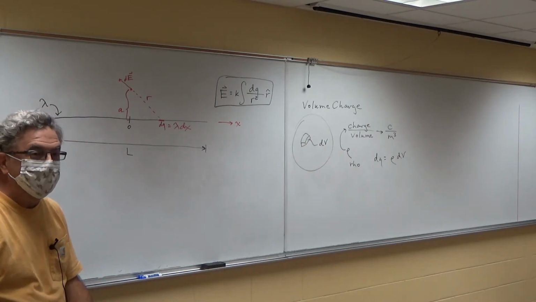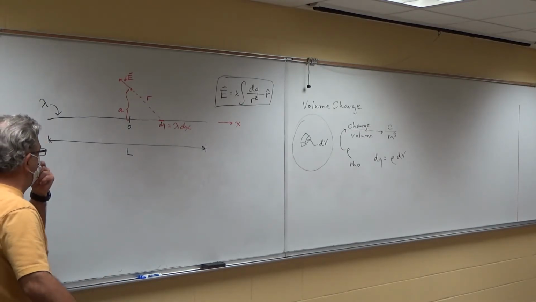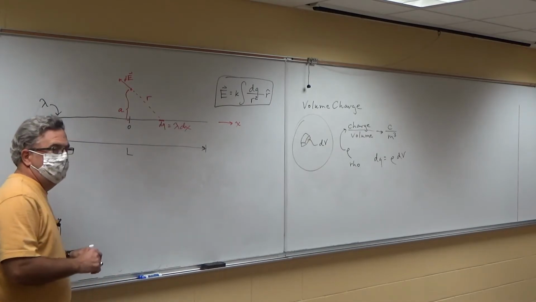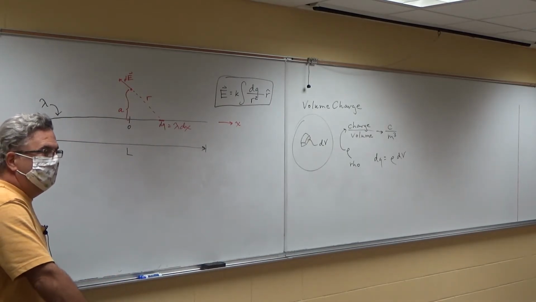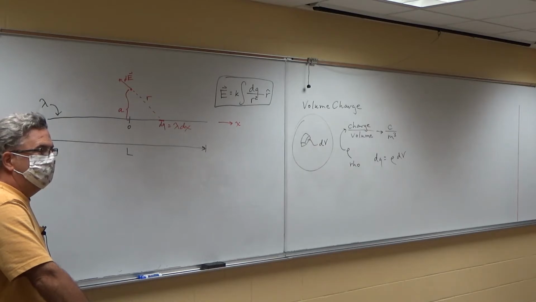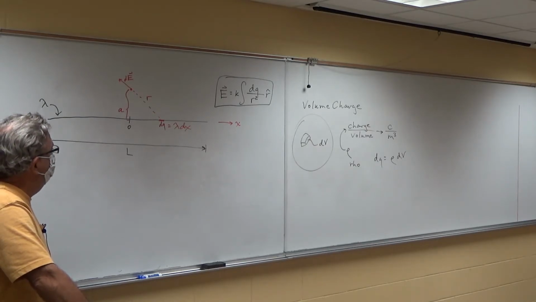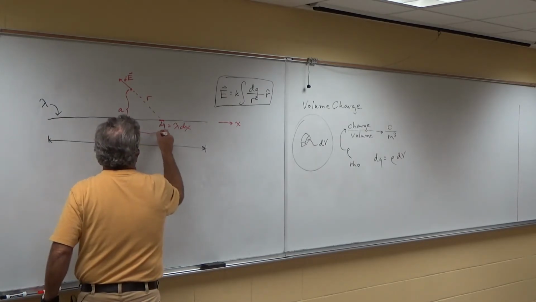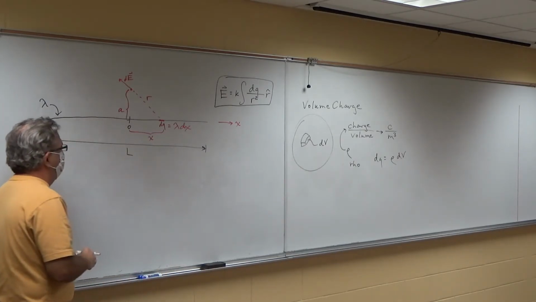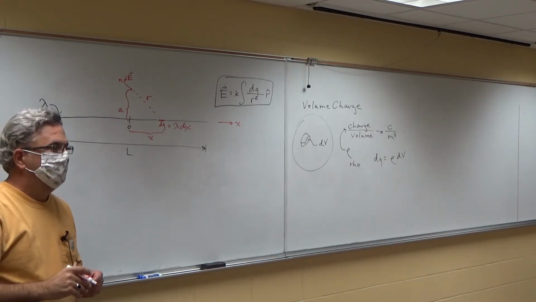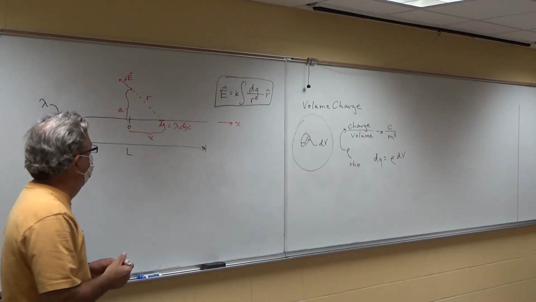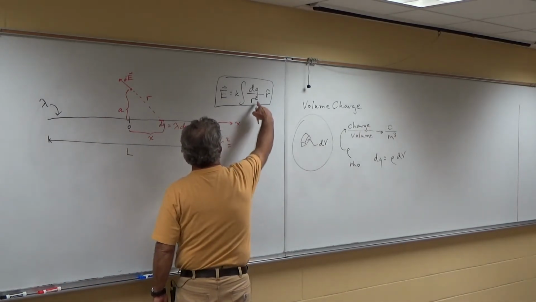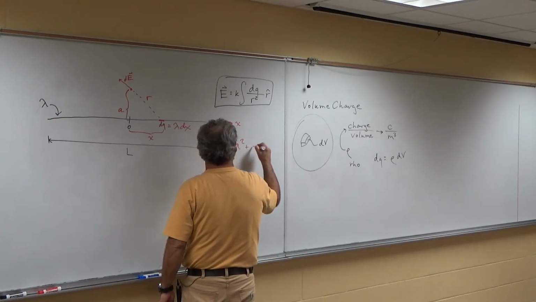You're always summing over the charge. So what is r squared in terms of a and x? This distance is x, just our arbitrary distance x. R squared is a squared plus x squared? Absolutely. So r squared, which we're going to need, is equal to a squared plus x squared.